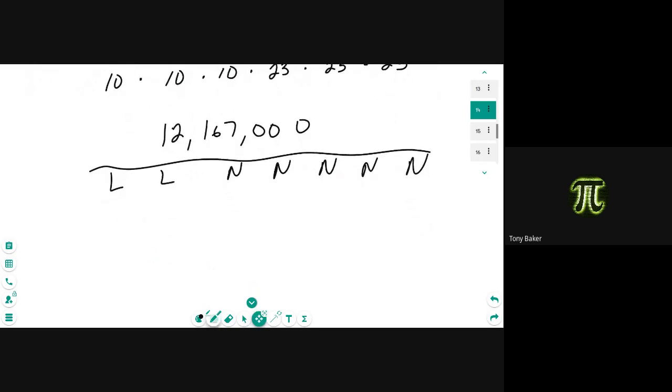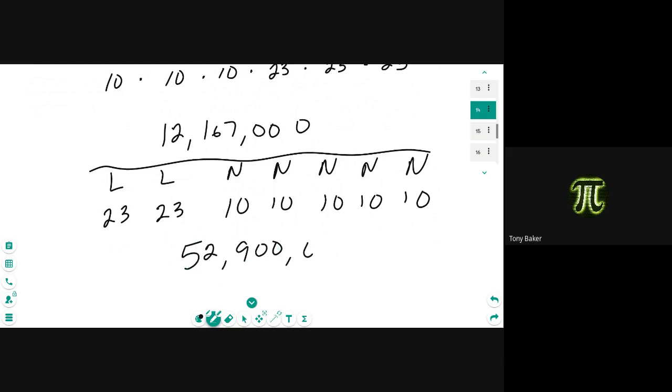If we eliminate the same 3, we'd have 23 times 23 times. So do we have more license plates, or less? Now we're up to 52 million license plates.